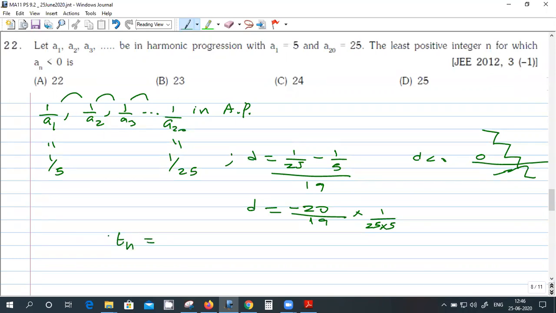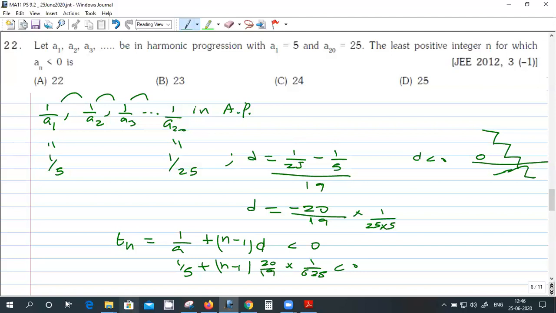So what should happen is the nth term is 1 by A plus n minus 1 into D, right? So this should be less than 0. And 1 by A is 1 by 5. D is negative, so we just get the value from less than 0.